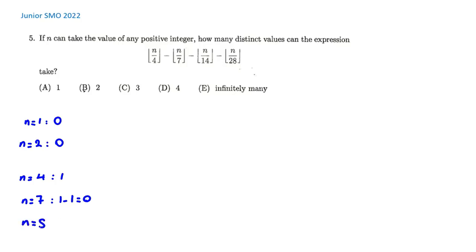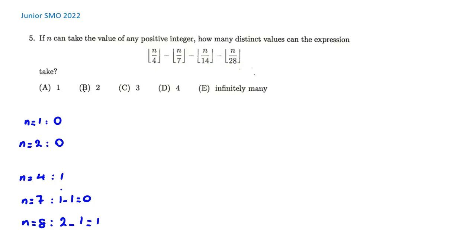For n=8, it will change because it will be 2 minus 1 equal to 1. n=9 will be the same, meaning all parts are equal to n=8.